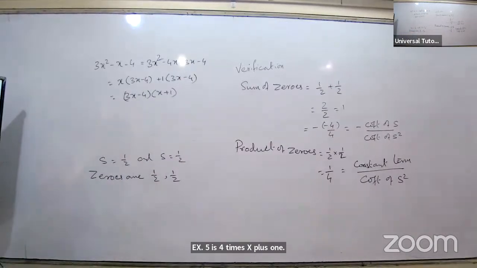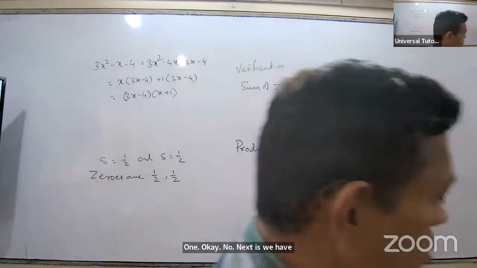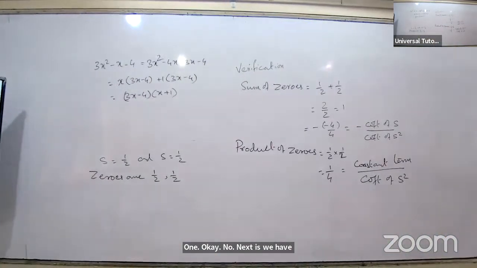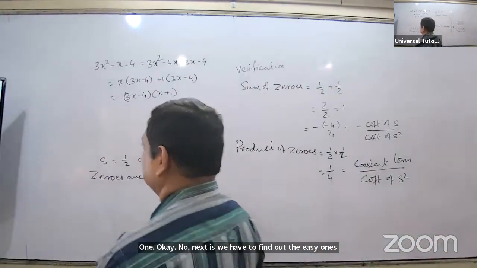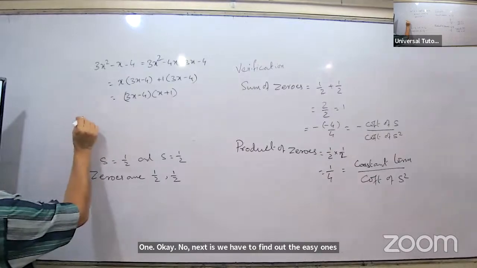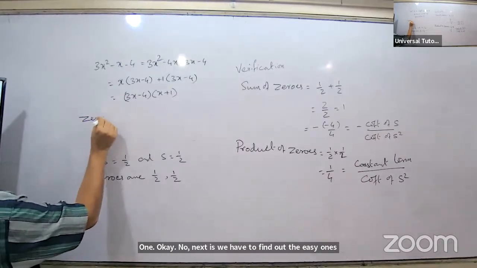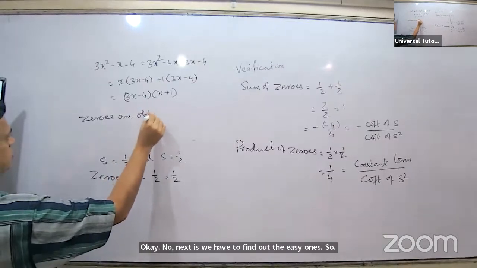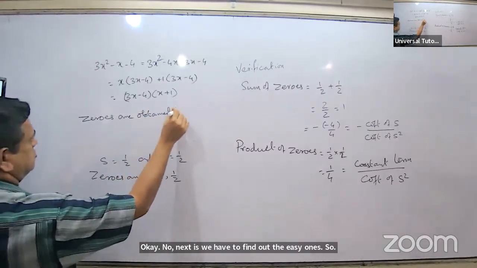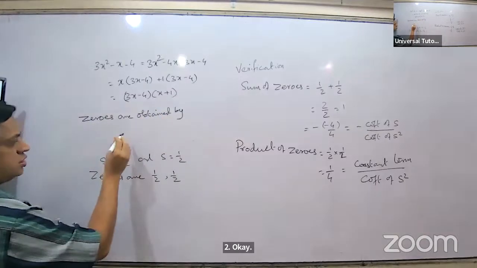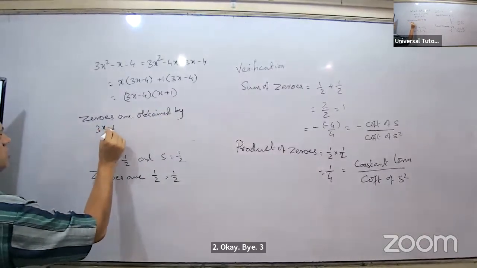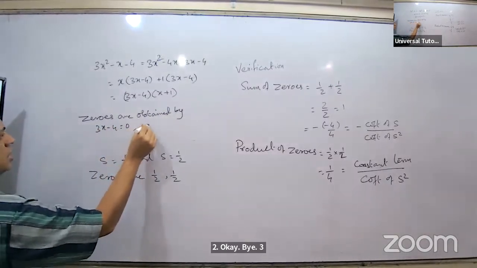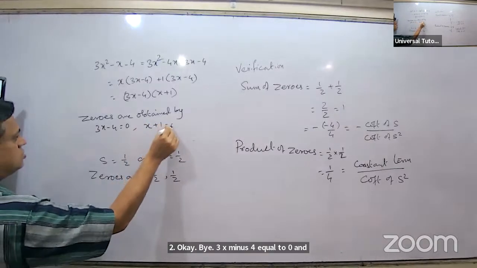Okay? Now, next we have to find the zeros. Zeros are obtained by taking 3x minus 4 equal to 0 and x plus 1 equal to 0.